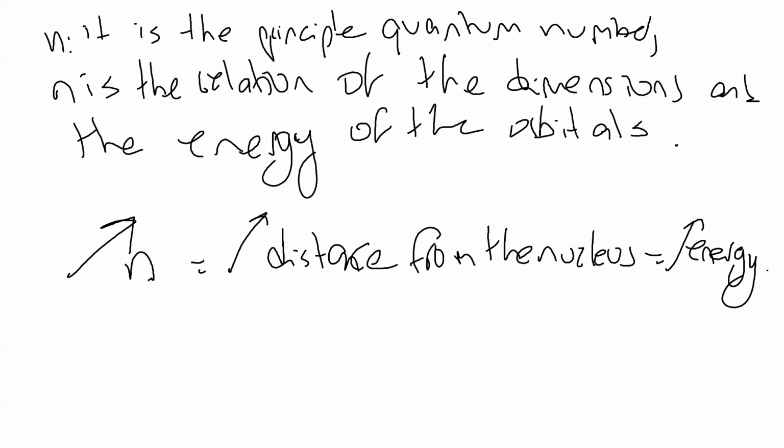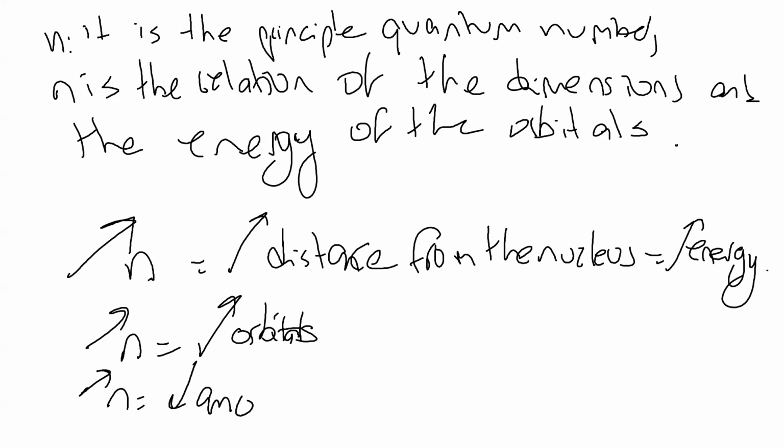So high n equals more orbitals or a higher orbital. High n equals a low amount of energy between the orbitals.